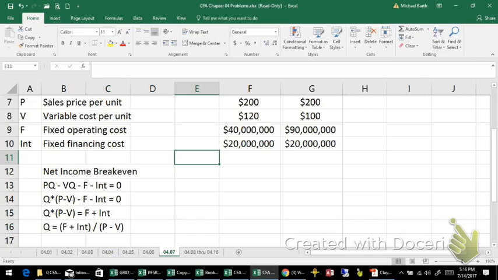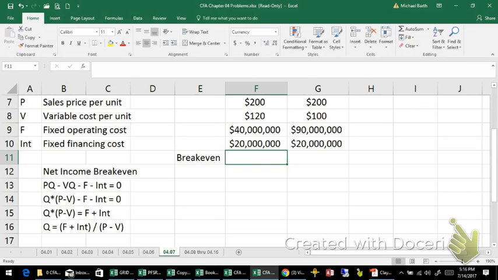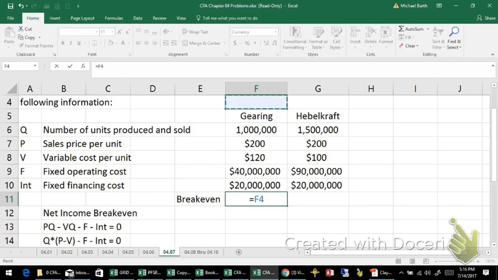Okay, so my break even for these would be equal to my fixed operating cost plus my fixed financing cost divided by the difference between the price per unit and the variable cost per unit.